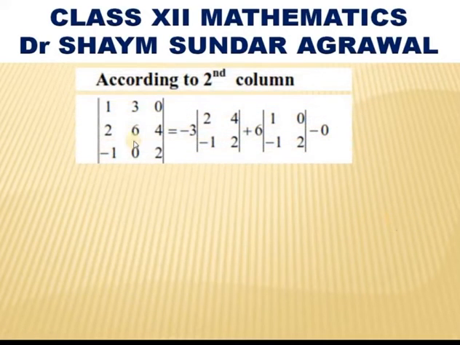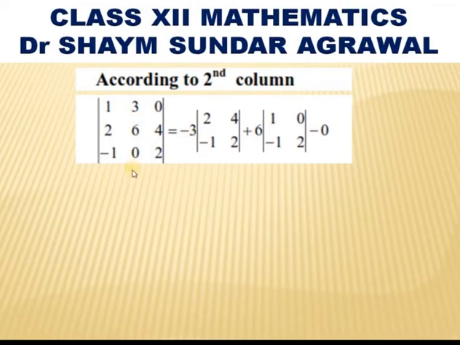Similarly, according to the second column, 3, 6, 0, the second column is A12, A22, A32. A12 means minus 1 to the power 1 plus 2, which is minus 1. So, the first one is negative, then positive, then negative.